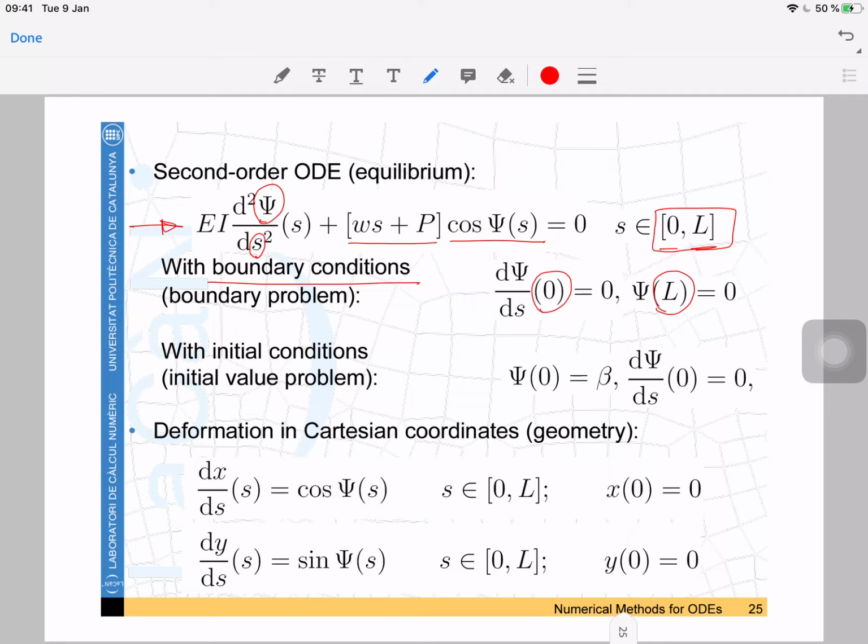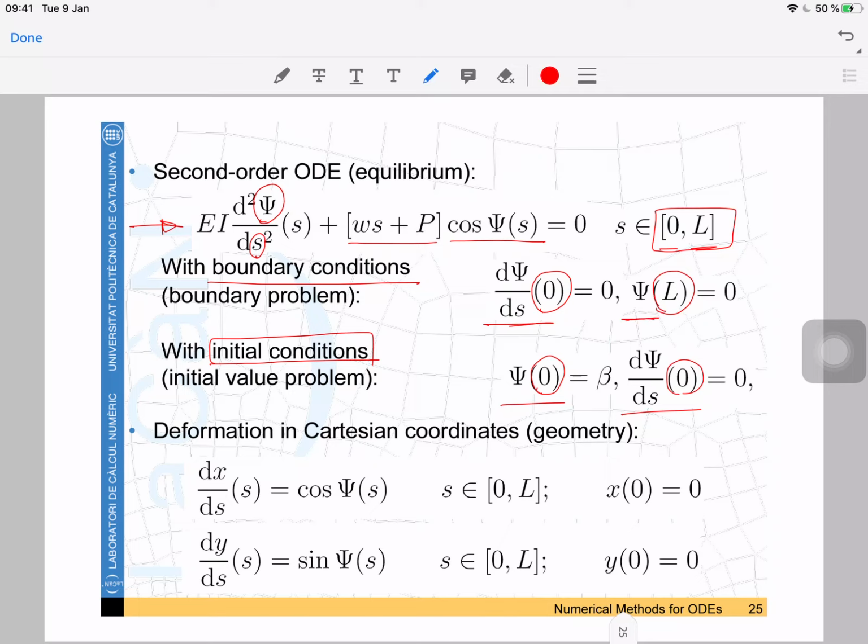The other set of conditions we call initial conditions, where we impose conditions only on the first point, 0, on the derivative and the value of the slope. Notice that in both cases we have to impose two conditions, one for the derivative and one for the value of psi.